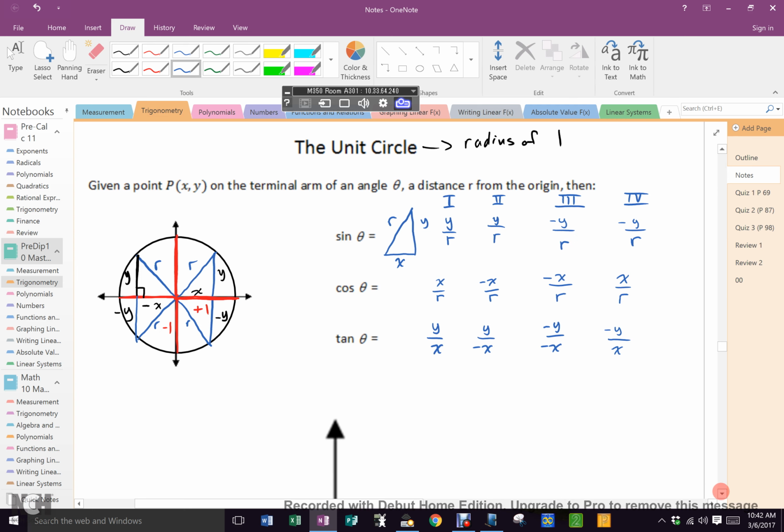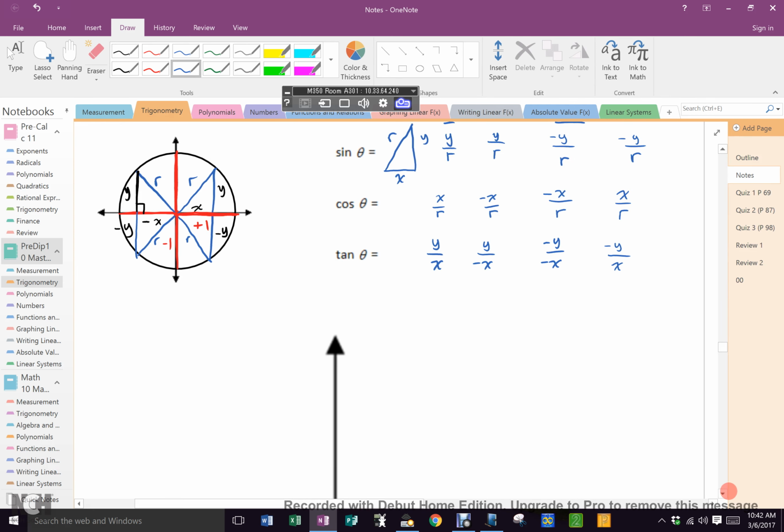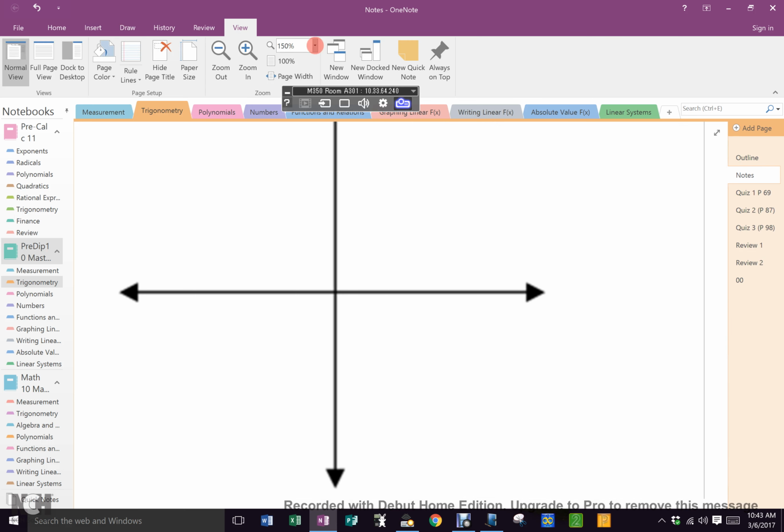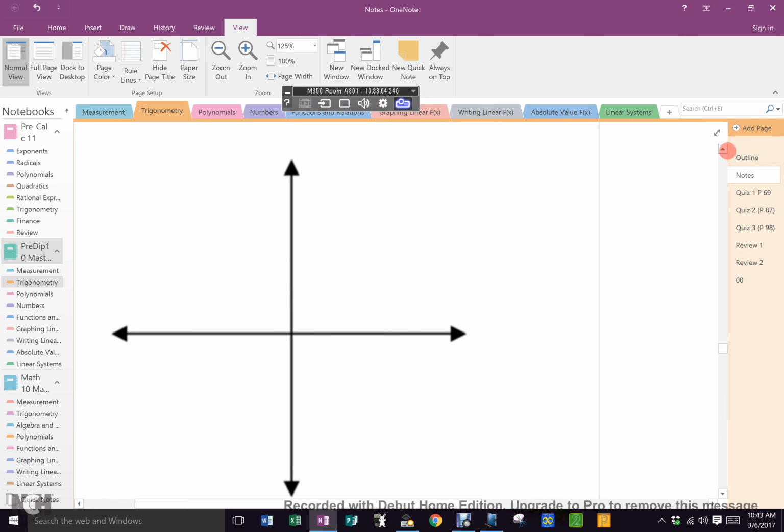All right. So now that tells us, go to the big coordinate plane there. And what does this tell us? In this quadrant, quadrant 1, what's positive? Everything. All are positive. Right?